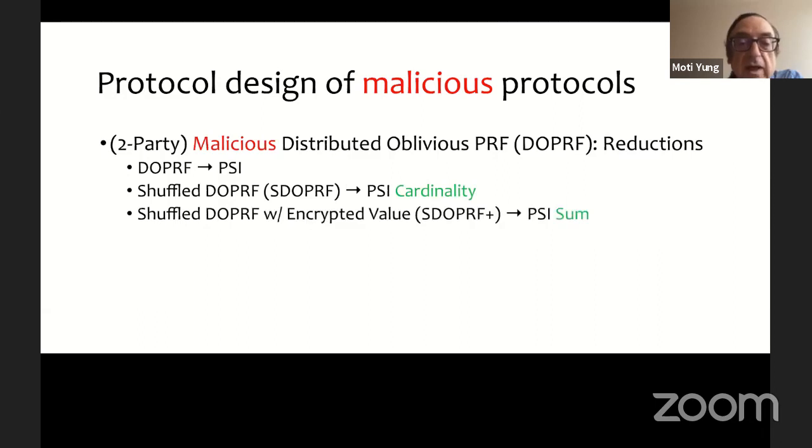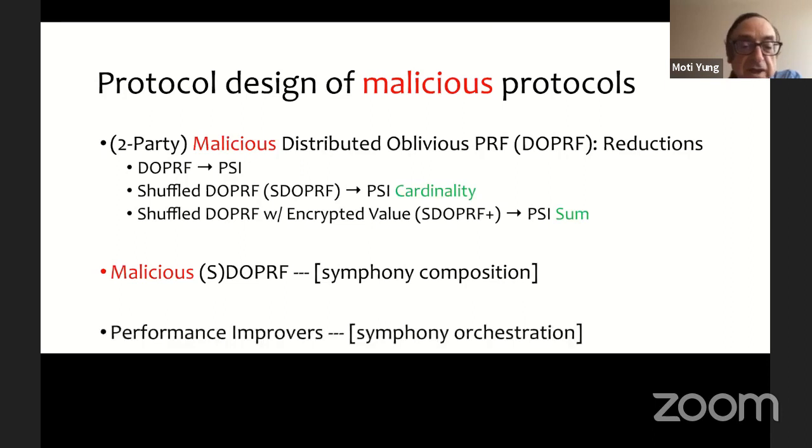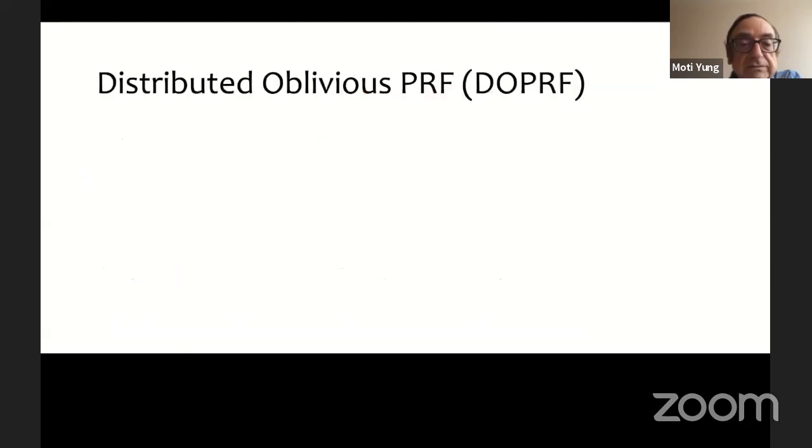And if you have associated elements that are encrypted correctly, you can do the PSI sum. We will have to develop the malicious shuffle, the distributed OPRF, the composition, and improve the performance as much as possible, or so, orchestration. And I will talk mainly about these two elements, the two reductions to PSI and PSI cardinality.